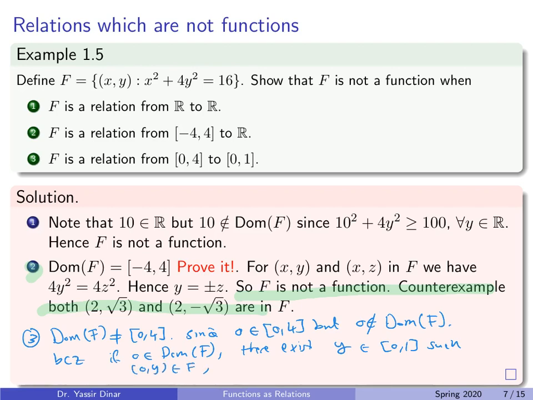But that means what? It means that 0 plus 4y squared is equal to 16. Hence, y is equal to 2 or minus 2. But this is not in [0,1], a contradiction.